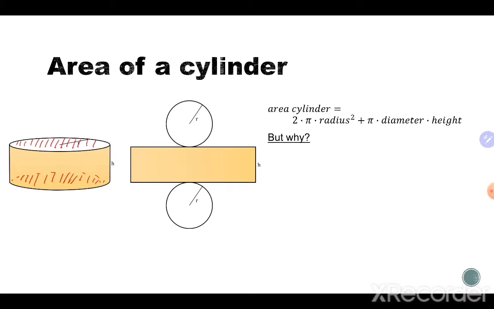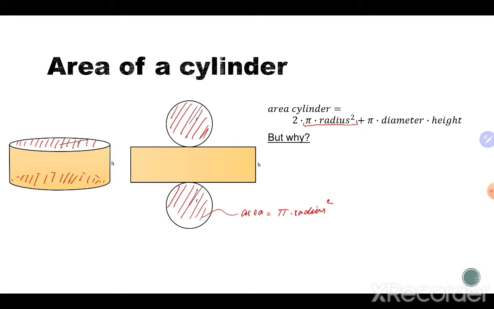On the net, here, you will find those 2 circles. Now we know how to calculate the area of the circle: pi times the radius squared.